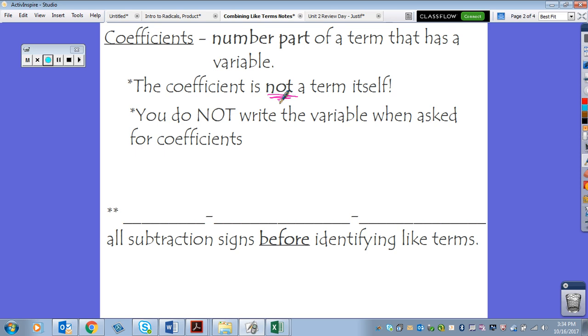When we are listing coefficients, we do not write the variable. Again, before we move on to identifying like terms, we need to remember to keep, change for all subtraction signs, so that they can become addition.